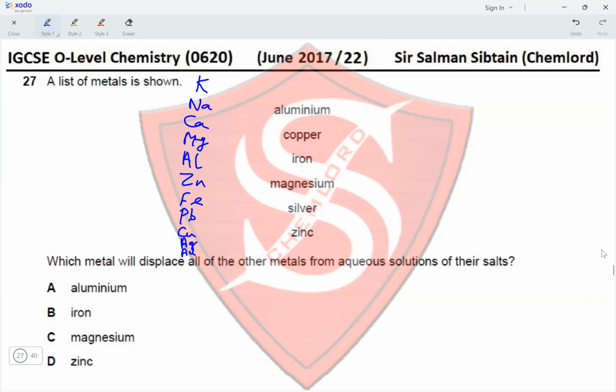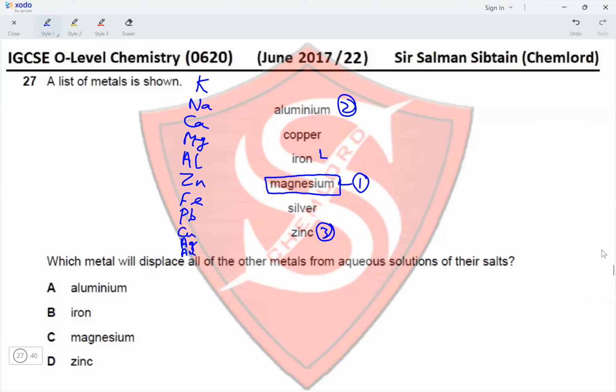and gold. So in this reactivity series, the most reactive element is magnesium, because out of the given metals, it is the one that is highest in the series, followed by aluminum. So magnesium will be the first one. Second would be aluminum. Then zinc would be the third one.